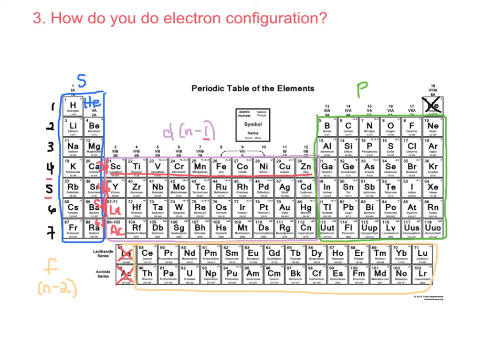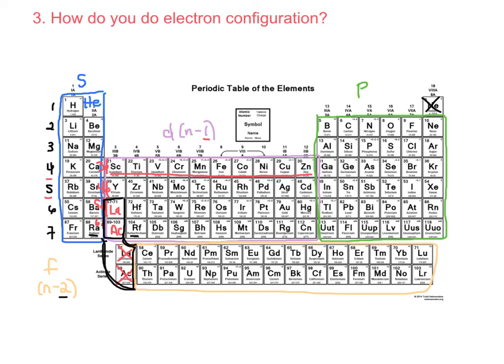Well, the same is true when you're down in the F block. So the F block has the same rule, only it's n minus 2. And something that maybe you didn't notice already, the F block actually fits into here. So this little block right here actually fits in between barium and hafnium, or radium and rutherfordium.